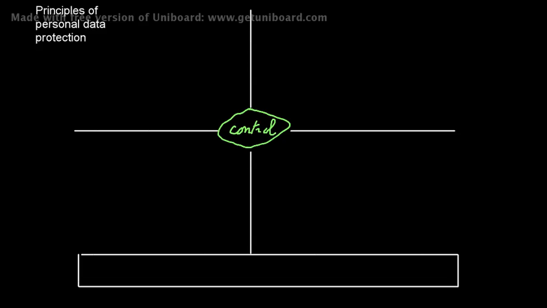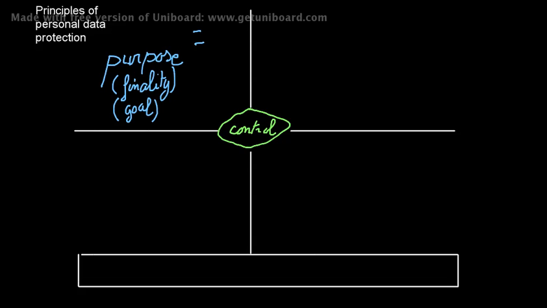Then a first cluster of principles is based around the purpose. Other ways to call it are the finality principle, or the goal. Under this cluster you have that there has to be a purpose. The purpose has to be legitimate. The purpose has to be disclosed.